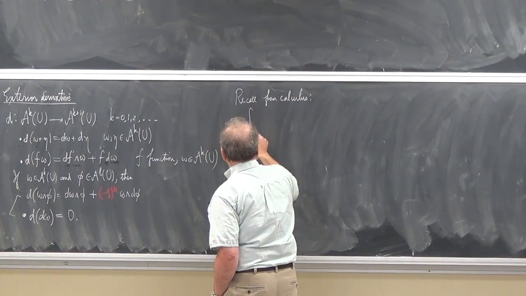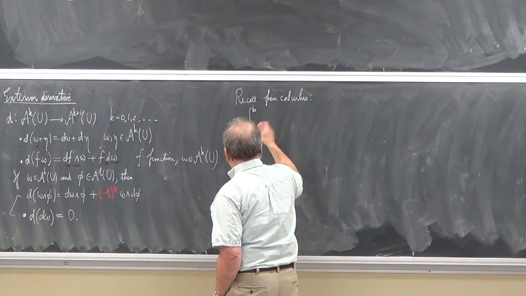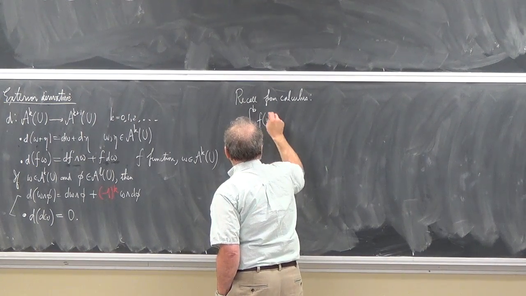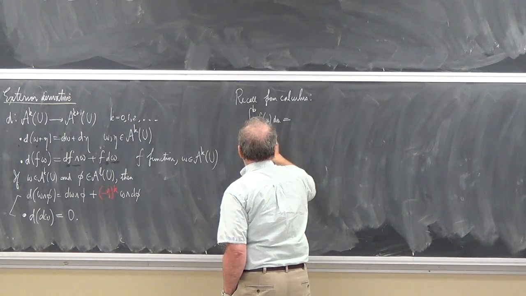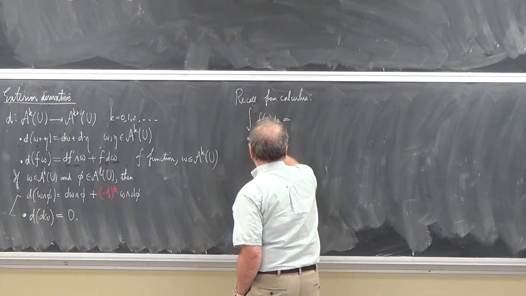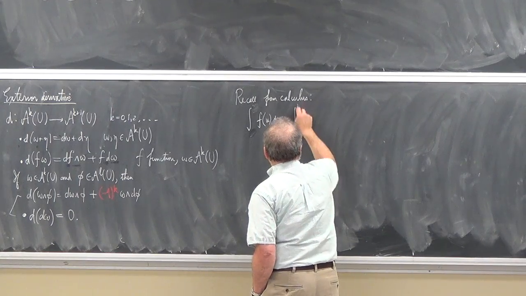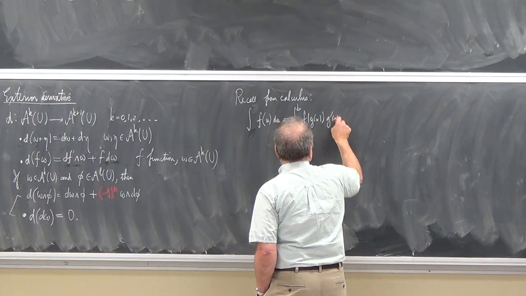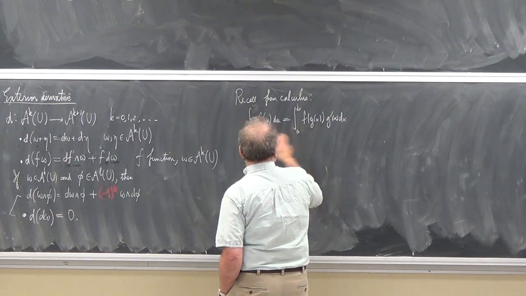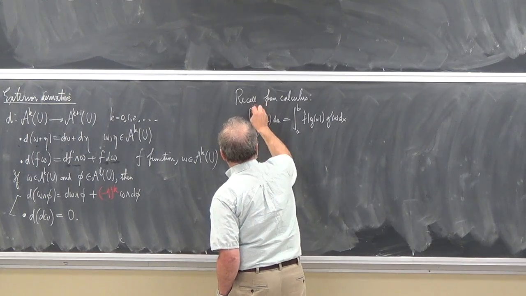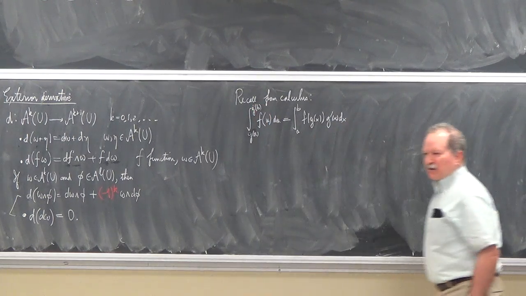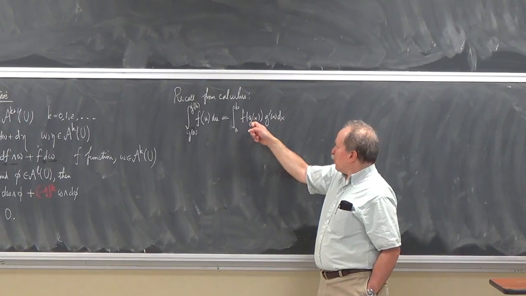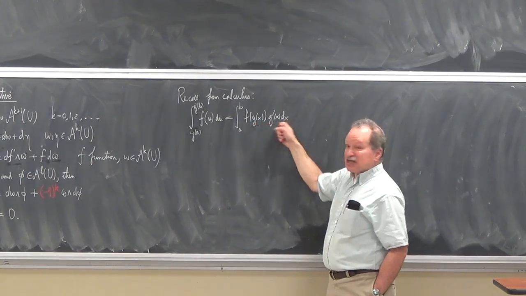So you had something like the integral from a to b of f of u du, is the integral from a to b of f of g of x, g prime of x, dx, where now this is going from g of a to g of b. You guys remember you could do a substitution? You usually think of it on this side, right? That you think, oh, if I let u equal g of x, this becomes du.